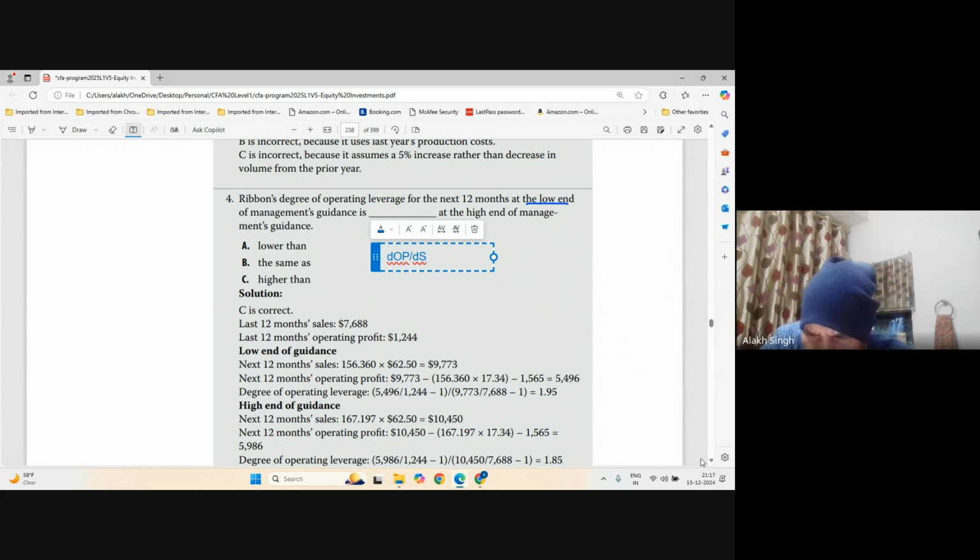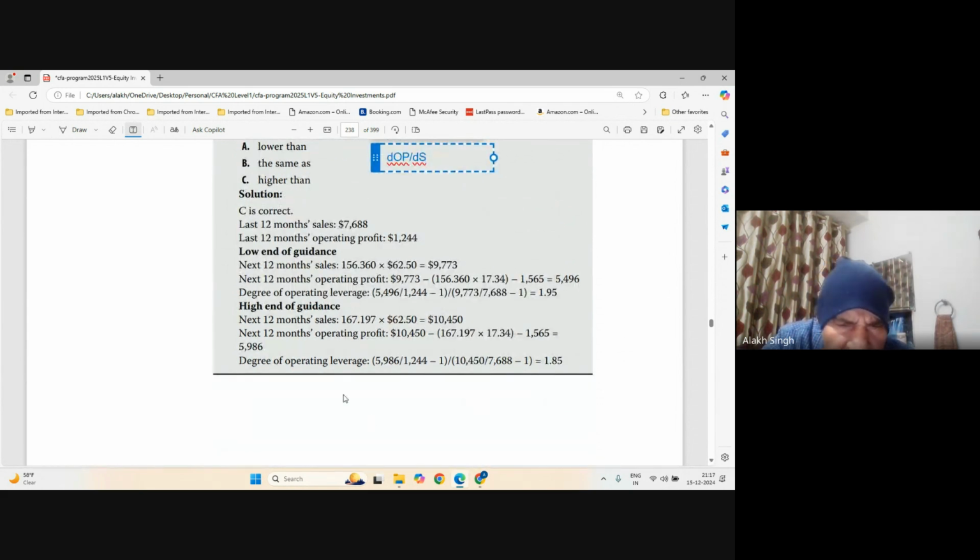Yeah, it is lower. So degree of operating leverage is 1.85, which is less than 1.95. So it required some work. But you have to calculate first this part and then this, and this part with this and this. It did a calculation.